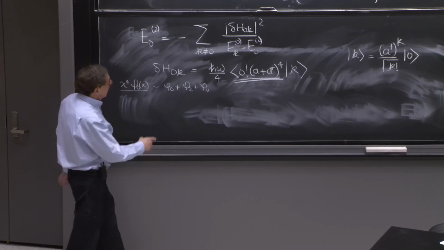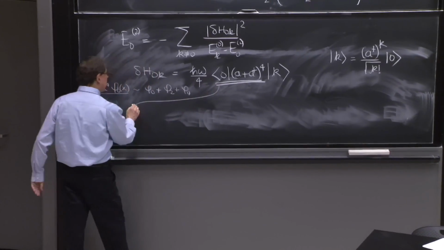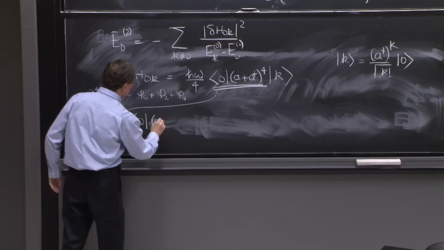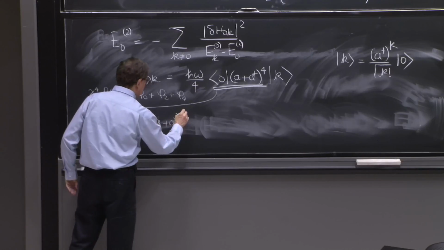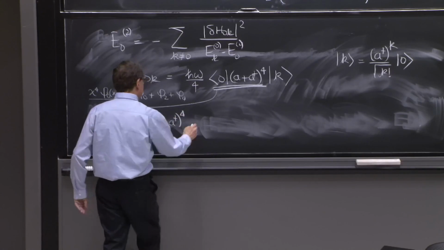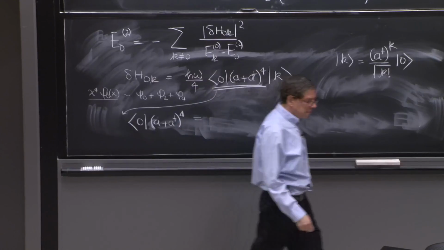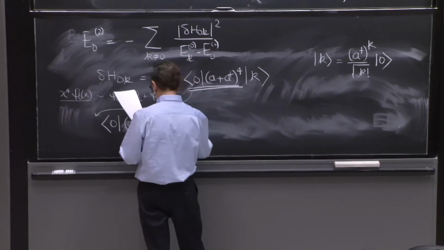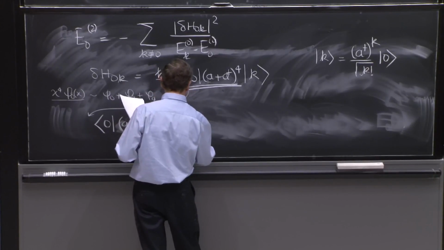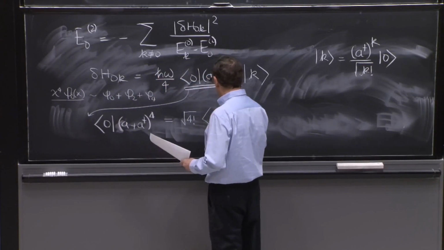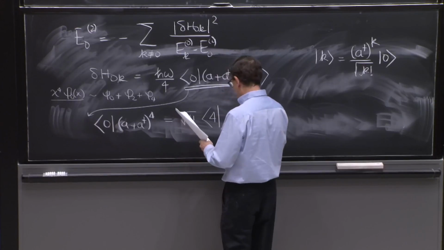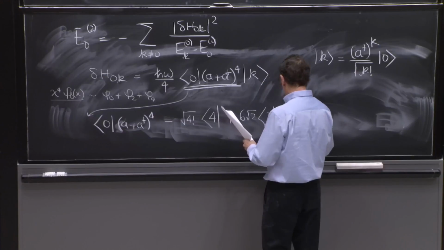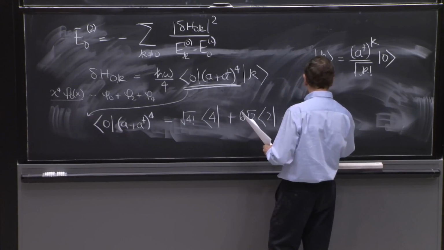So as you express x to the 4th phi 0 in terms of the other ones, it should be that. Indeed, again, I ask you to do a little computation. If you do <0| (a plus a dagger) to the 4th, this is equal to, you can show, square root of 4 factorial times the state 4, plus 6 square root of 2 times the state 2, plus 3 times the ground state.